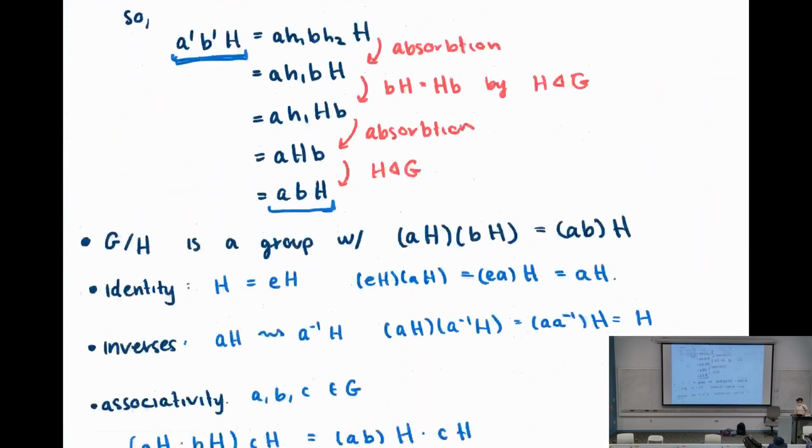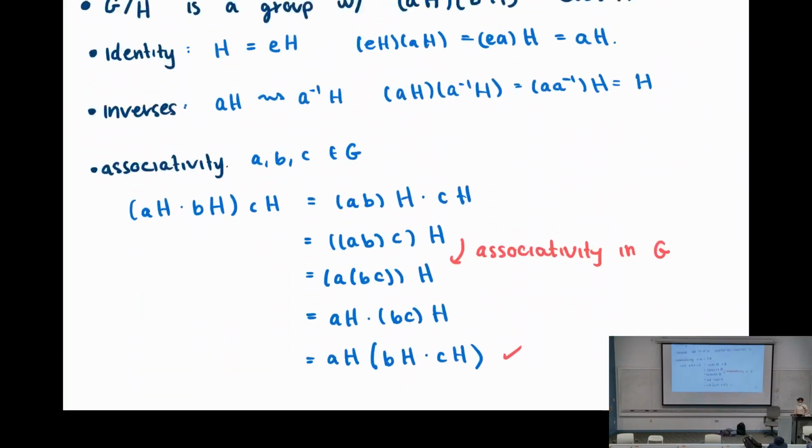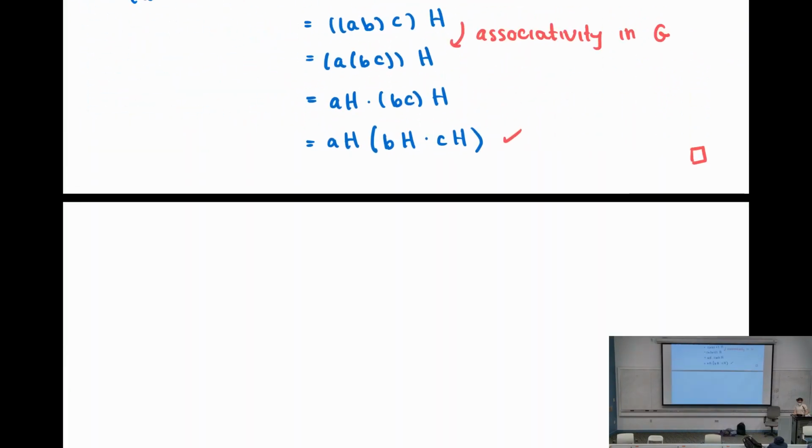Okay, so let's do an example. And maybe this example will start to justify calling factor groups G mod H. So I guess we're going to take in this example G to be equal to the integers, and then H will be 4Z.